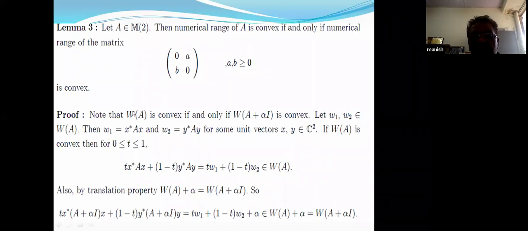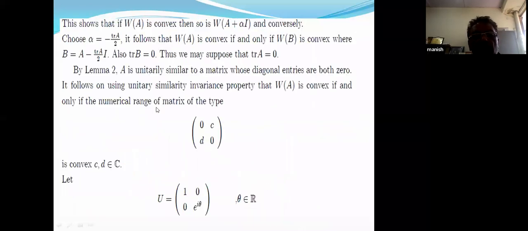We are just translating it to some other position. If a set is convex at one position, it is also convex at another position. So W(A) and W(A plus alpha I) are simultaneously convex. This we have explained mathematically here. Now we choose alpha equal to minus trace A by 2. It follows that W(A) is convex if and only if W(B) is convex, where B is equal to A minus trace A by 2 I, and also trace B is 0. Thus, we may suppose that trace A is 0.